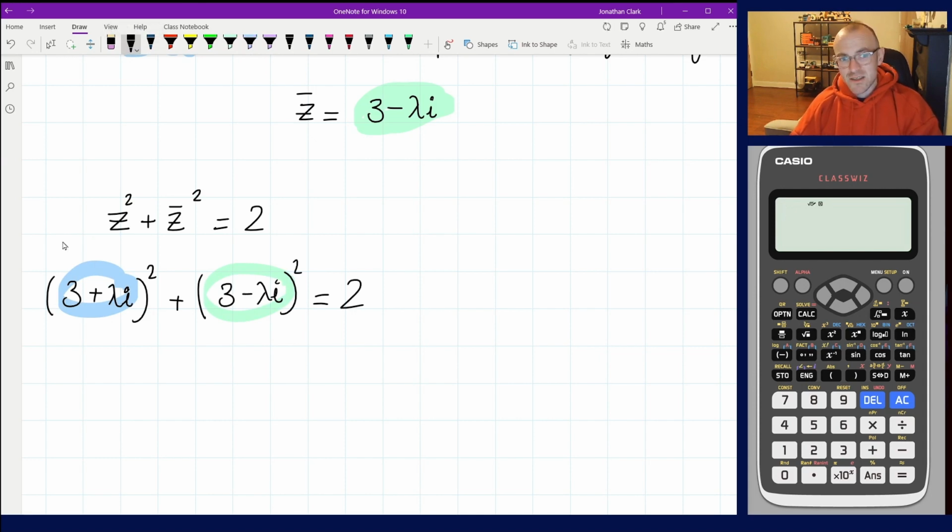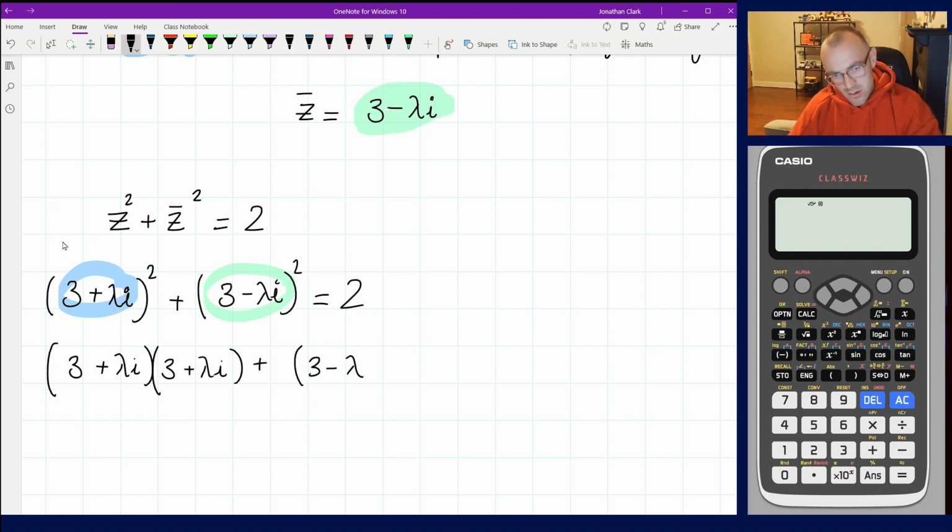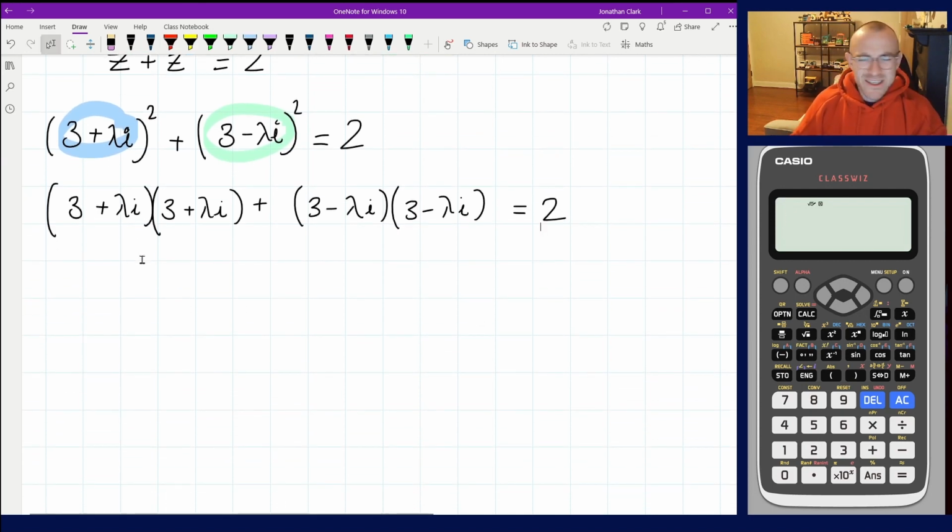What I'm going to do next, because they're both being squared, I'm going to write them as double brackets. And they're both going to be kind of similar to each other, so I'm hoping that there's going to be some cancellation or something good going on somewhere.